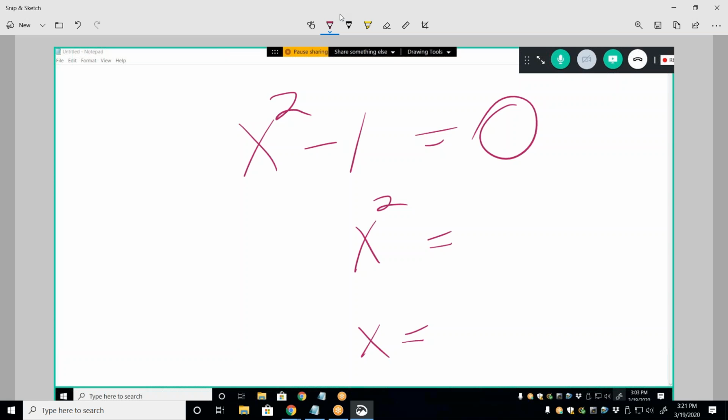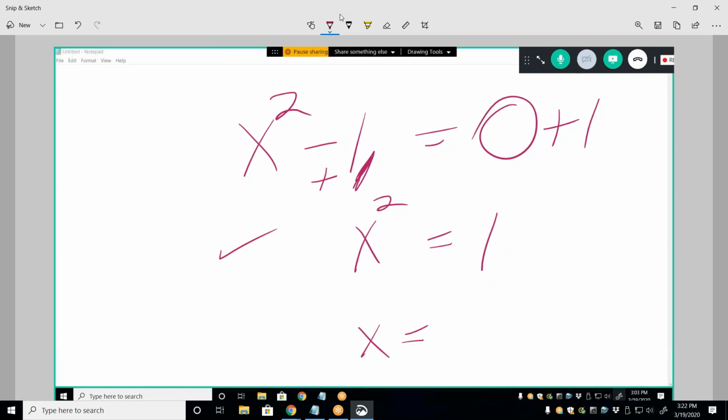Negative 1. No. What did you have to do to get rid of the negative 1? You had to add. You always do the opposite. If something is being subtracted, then you add. Okay. And so I had to add 1 over there. So it's just positive that. Correct.